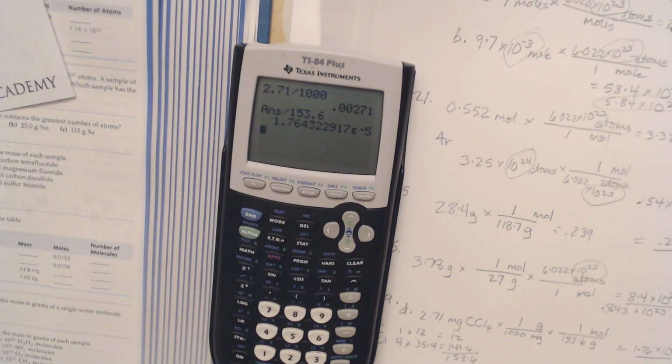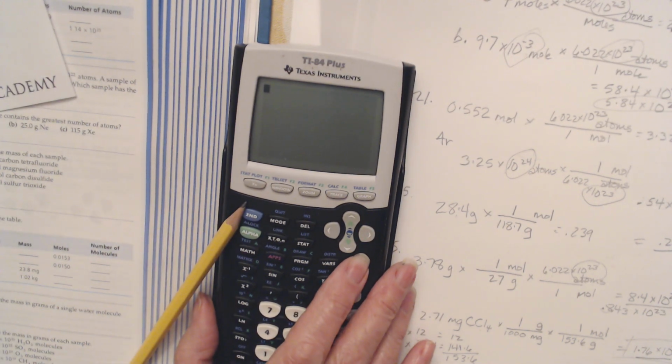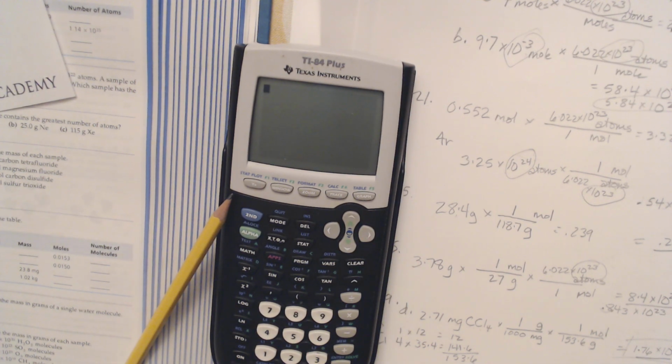Now, does that make sense? That's a really small number, and that's a really small amount. So I would think that makes pretty good sense, that should be about right. Okay, and it is structured right. It's in correct scientific notation, so let's go with that. All right, very good. So those are just a couple problems that are present in your homework for tonight.